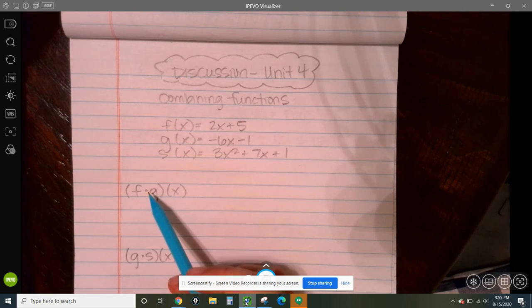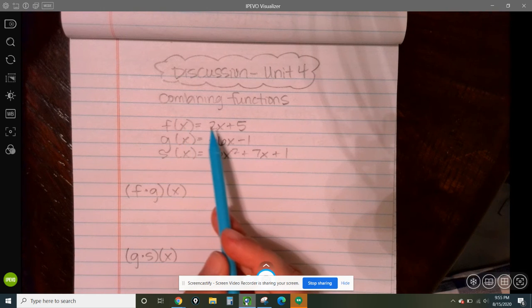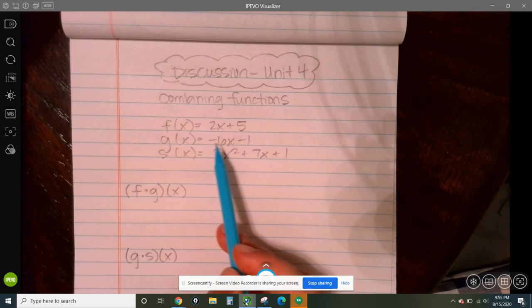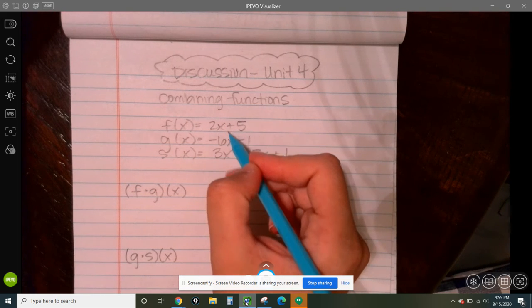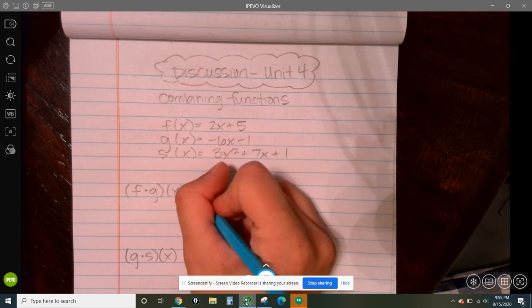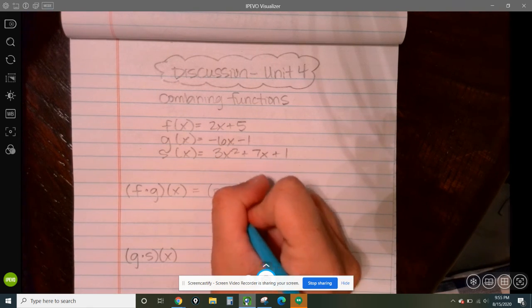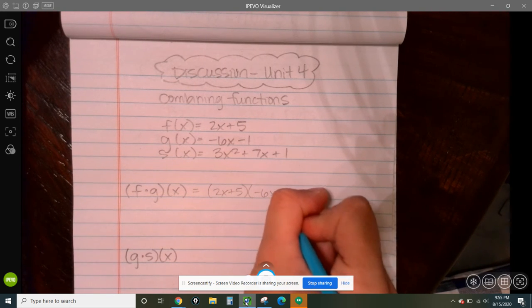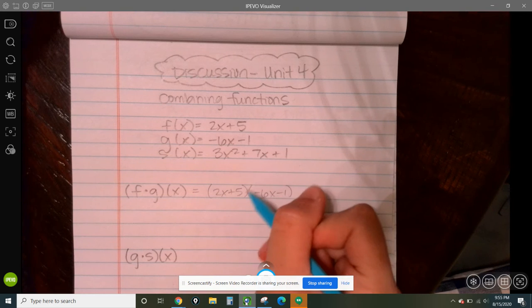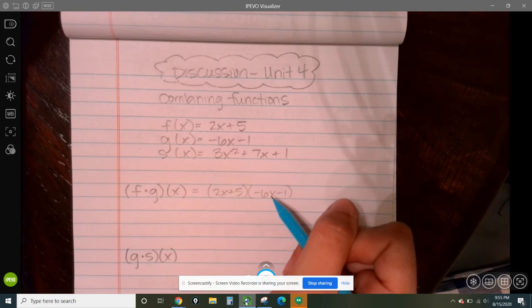If I do f times g, I have this linear function times this linear function. What happens is we're going to end up multiplying these two things together. It's going to look something like this: 2x plus 5 times negative 6x minus 1. We know how to do FOIL and multiply these two things together.